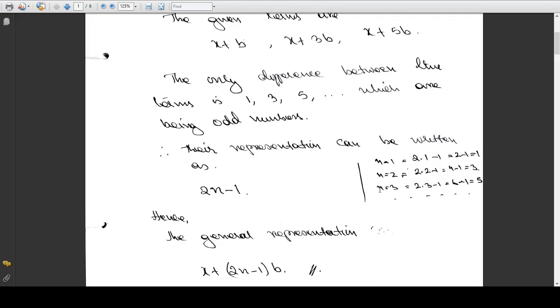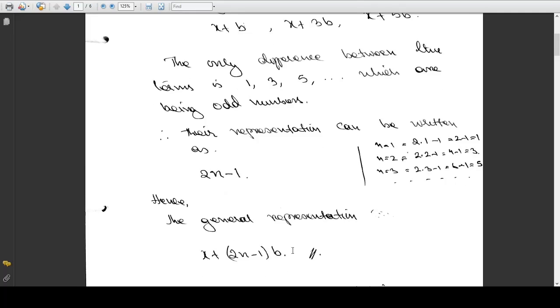If you put n equal to 2, you will get x plus 3b. If you put n equal to 3, you will get x plus 5b, isn't it? Therefore, the general representation of this given progression is x plus (2n minus 1)b.